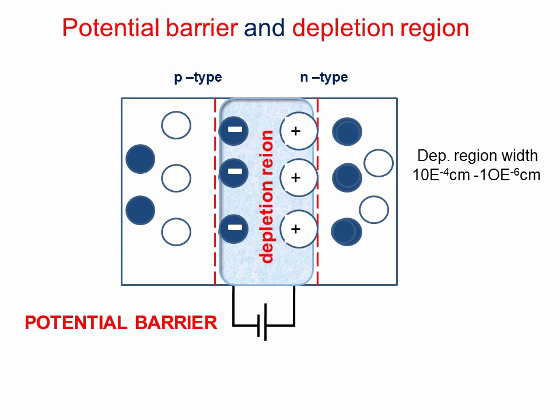Now, the depletion region is formed, which is nothing but the region around the electrostatic field. In the depletion region, the current cannot go through it, because the depletion region is directly proportional to the resistance of that material.